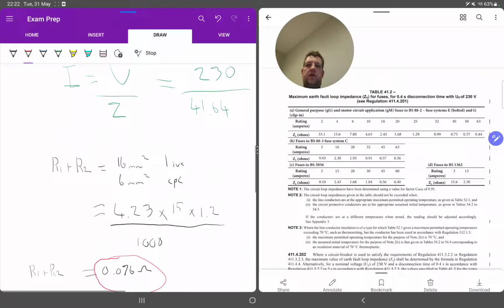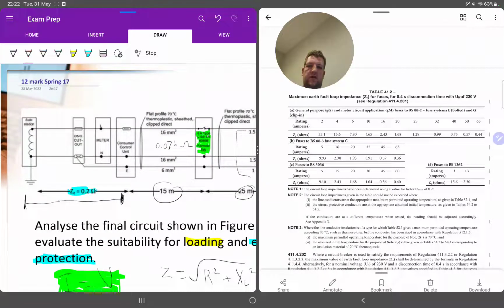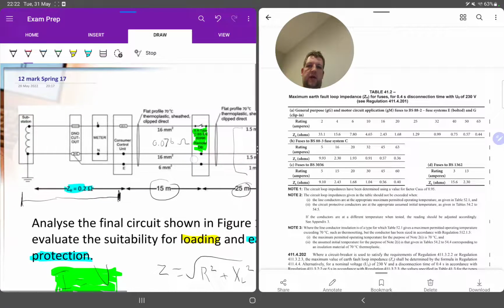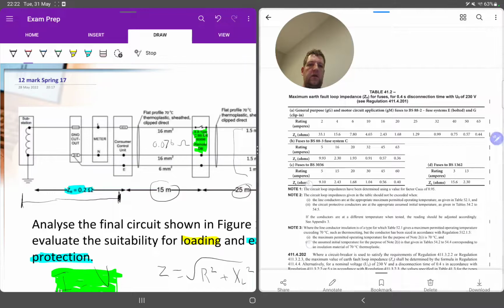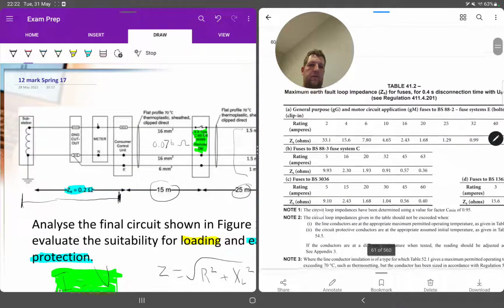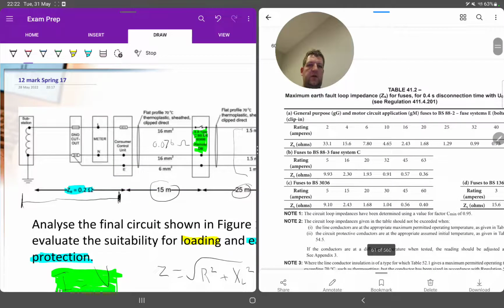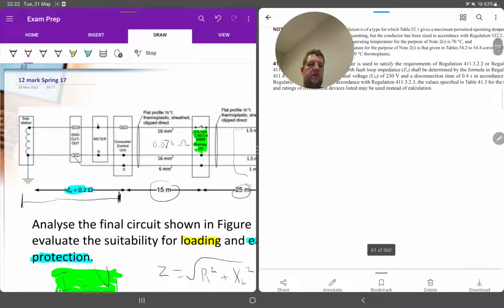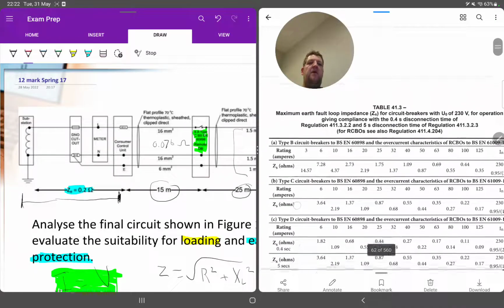So if we go back up to the question, in green over here, it says 6 amp type C. So if you look on this, so here we've got fuses. So 6 or 8, 9 is what we're looking for. So these are all fuses. So BS88-2 fuses, BS88-3. So we'll go to the next page down.